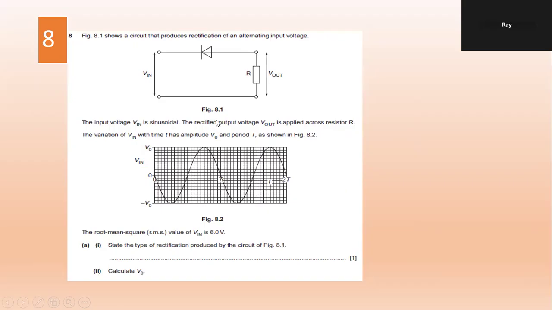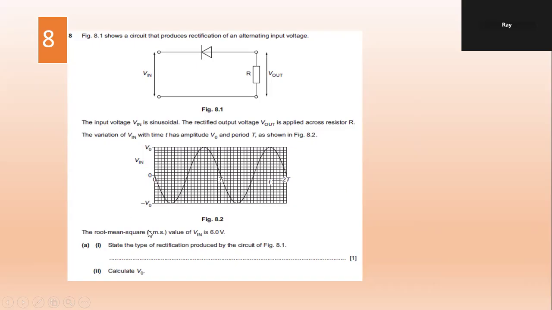The rectified output Vout is applied across VR. That's the output. That's the input. Vin with time t has amplitude V naught. Right? That's the graph. That's the input against time.